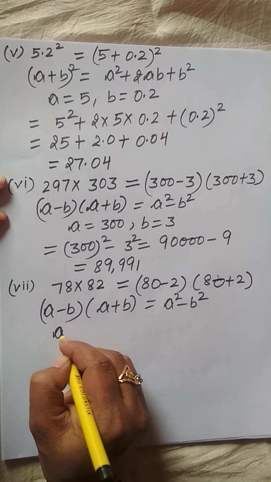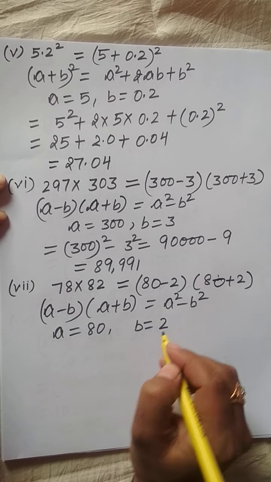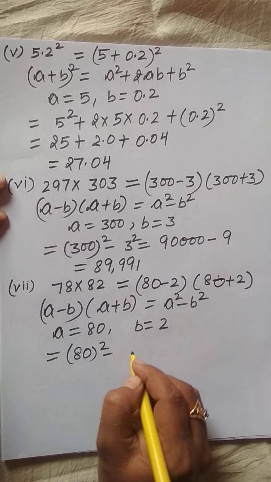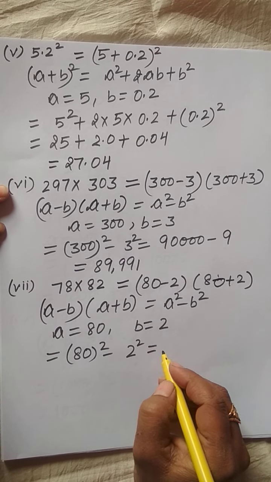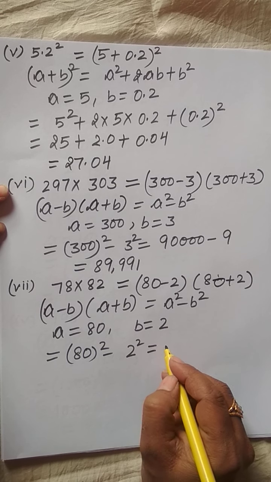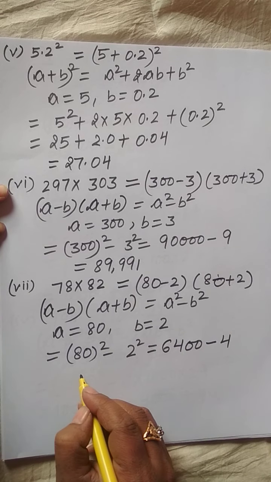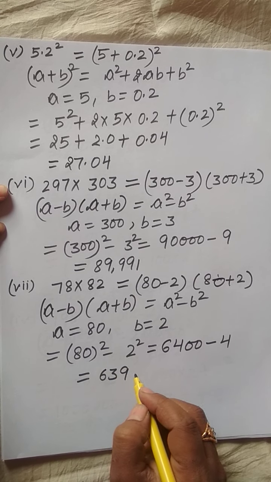That is, a is equal to 80 and b is equal to 2. Now, substitute the values: square of 80 minus square of 2, which is equal to 8 8's are 64, 6400 minus 4. Now, this is equal to 6396.